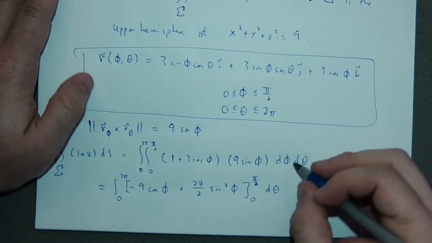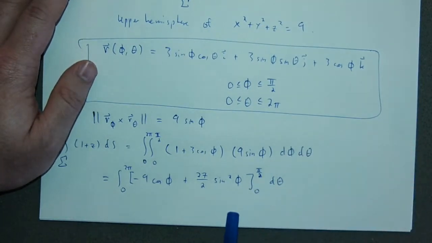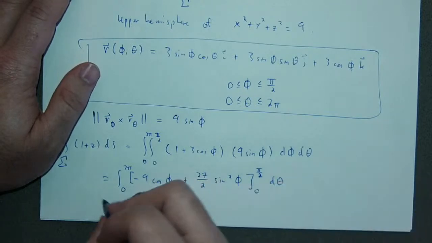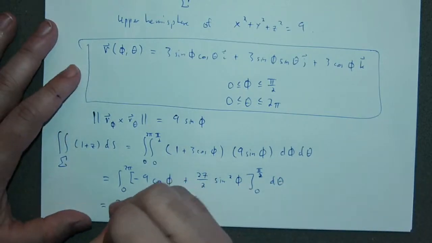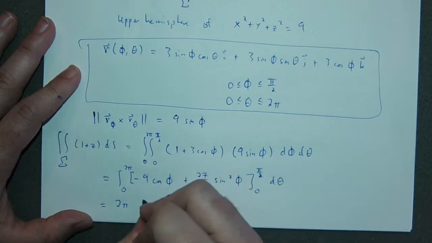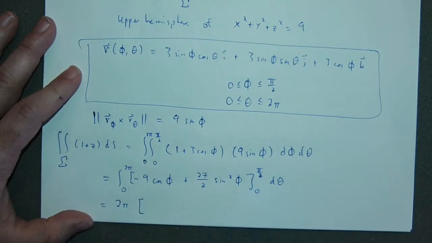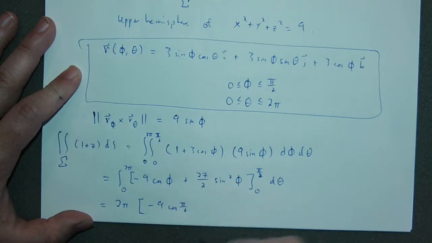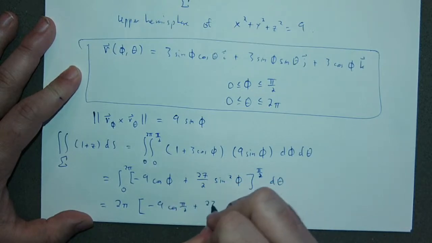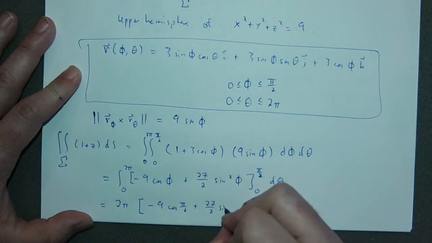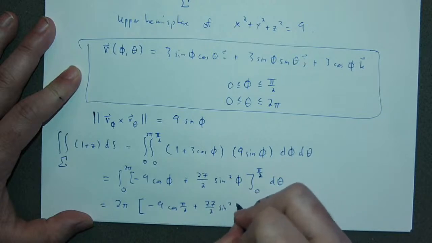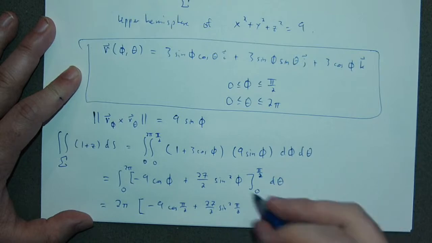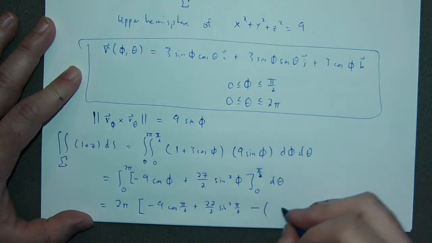And so what is this? This is going to be 2 pi times, at pi over 2, I would have minus 9 cosine pi over 2, that's 0, plus 27 over 2 sine squared pi over 2. So that's 1. Minus 9 cosine 0.